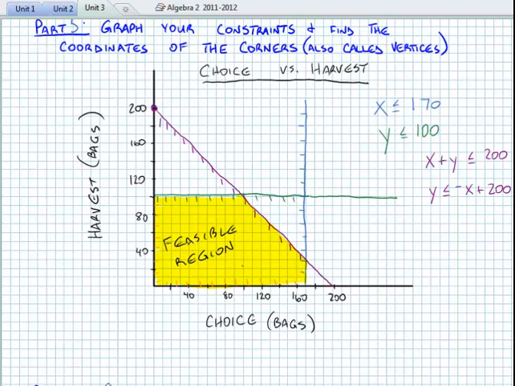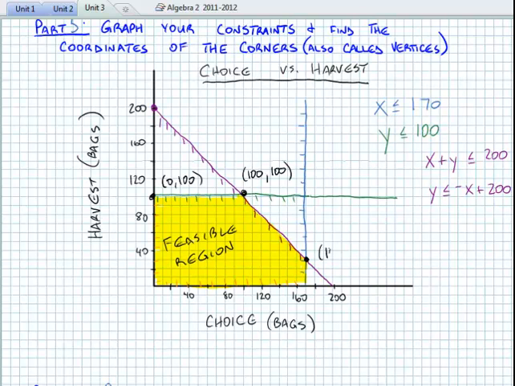All you have to try are the corners or vertices of this feasible region. So it's important you know what the corners or vertices of this feasible region are. This one is real easy to see on this. This one clearly is the coordinate 0, 100. This one here will be 100, 100.